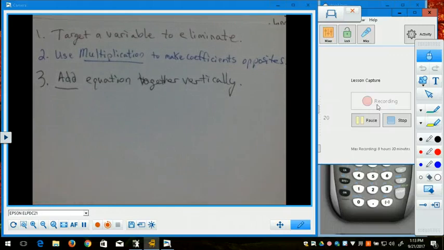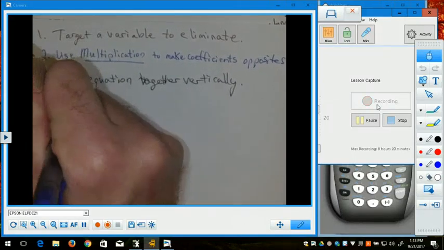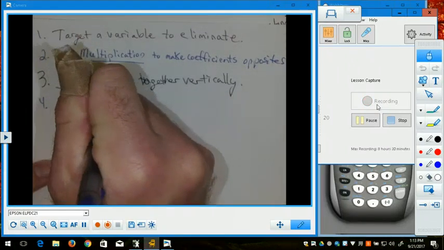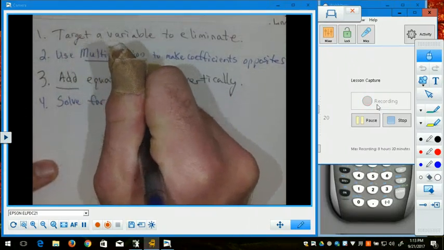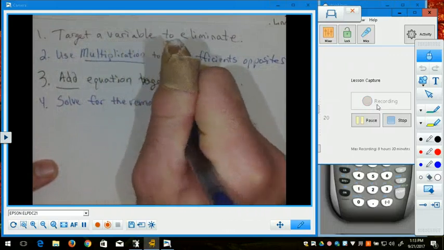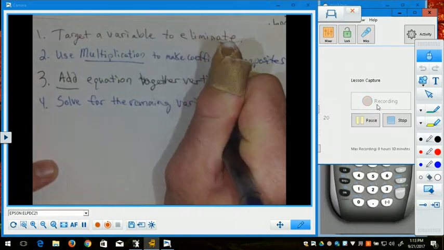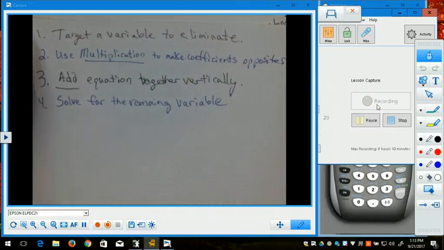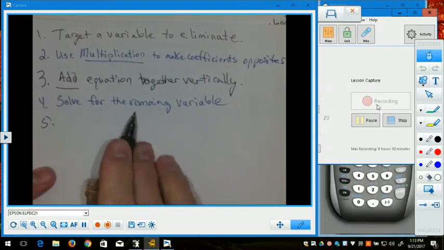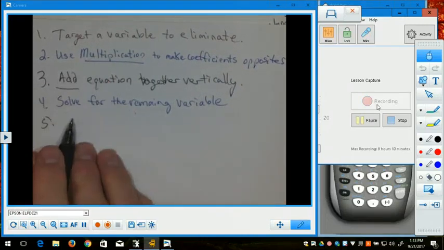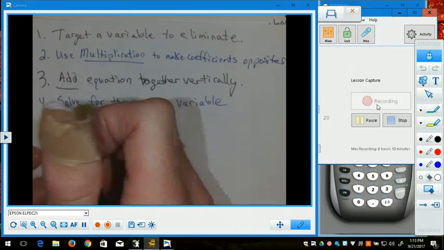From there, the next step is to solve for the remaining variable. And then lastly, we take the answer that we got and we plug it back into the original system to solve for the other variable.